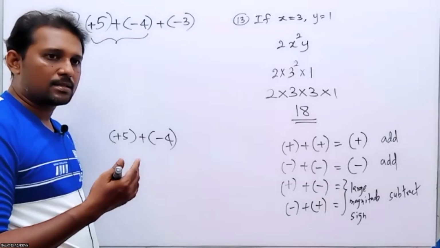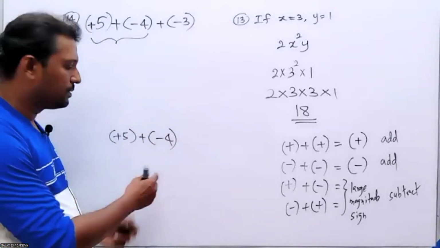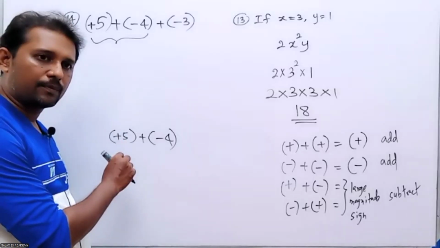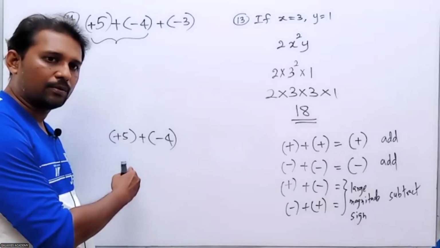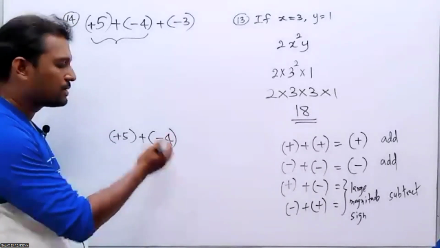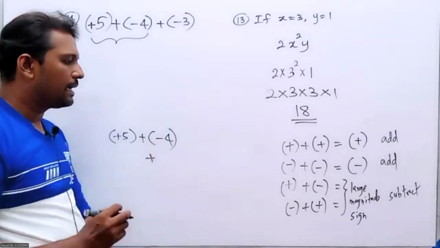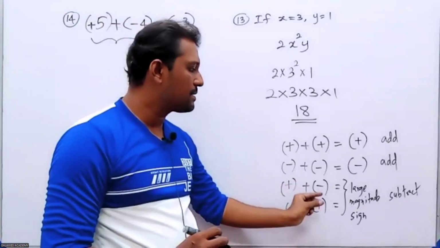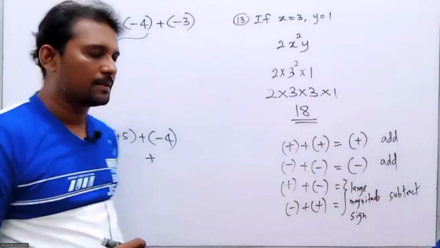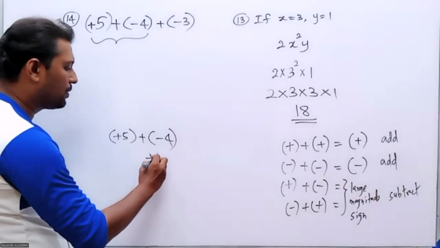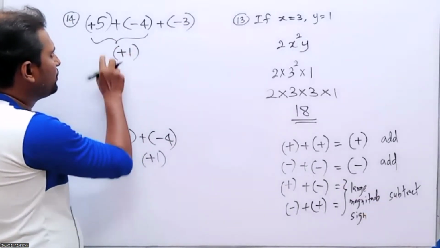The answer sign should be large magnitude sign. What are the magnitudes of these two? This one magnitude 5, this one magnitude 4. So what is the large magnitude? 5, its sign is positive, so your answer should be positive. How can you get the magnitude? If you add different signs directed numbers, you have to subtract two magnitudes. Then 5 minus 4 is 1. So what is the value here? Positive 1.